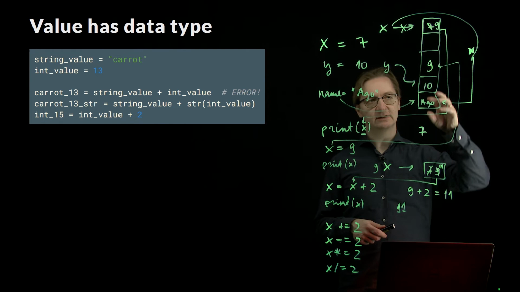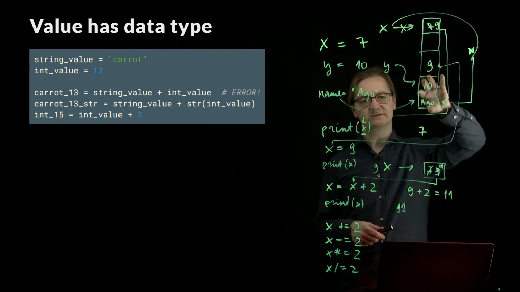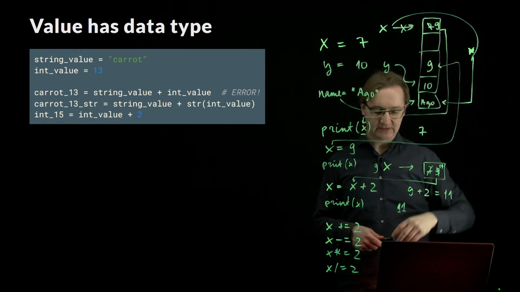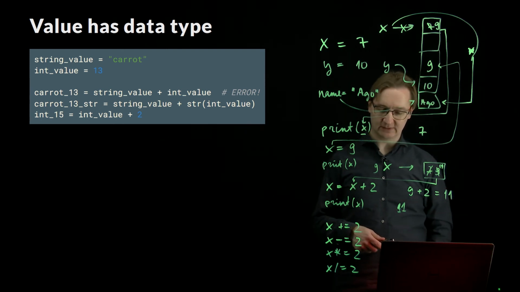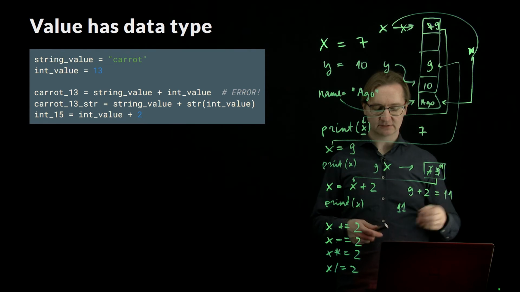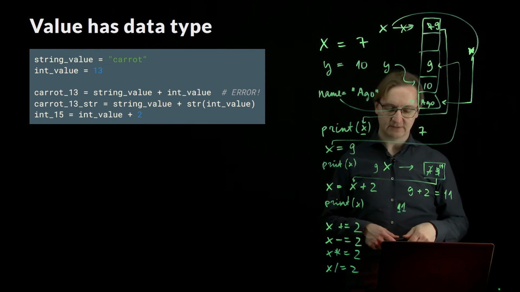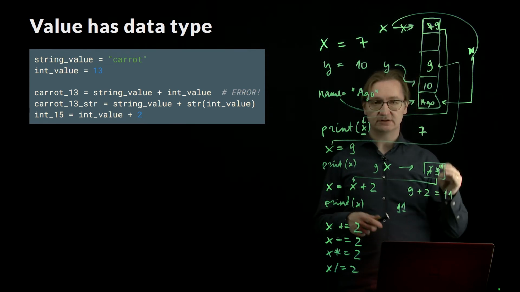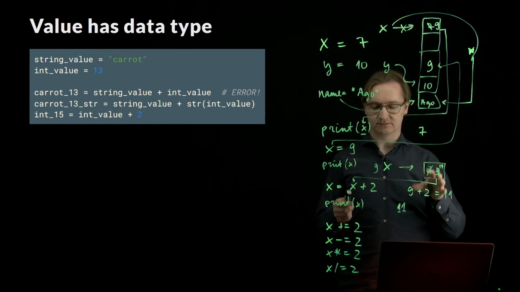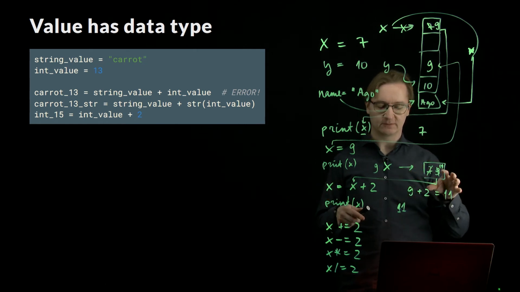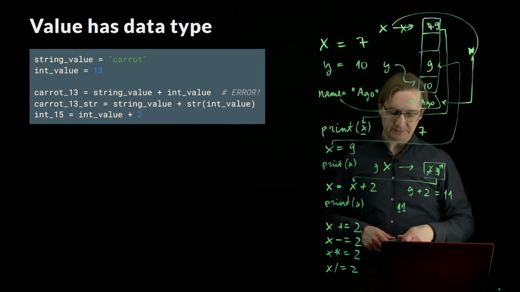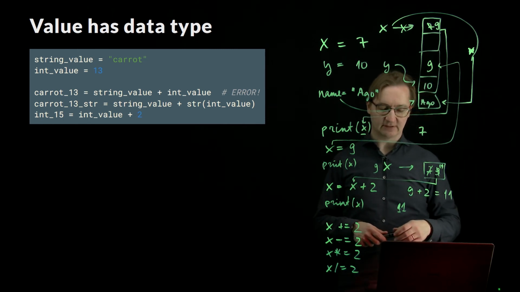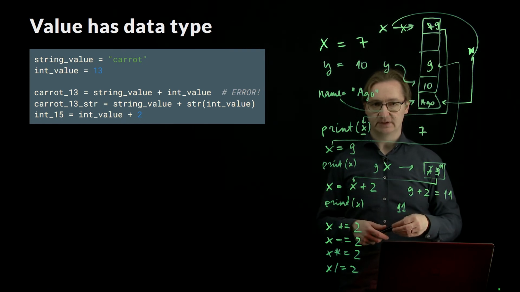And the values themselves in memory have a data type. What's shown here is that if I take two values, a string and the number 13, those are two separate variables, variable 1 and variable 2. They both point to different values in memory. What happens is that I cannot add those two values.